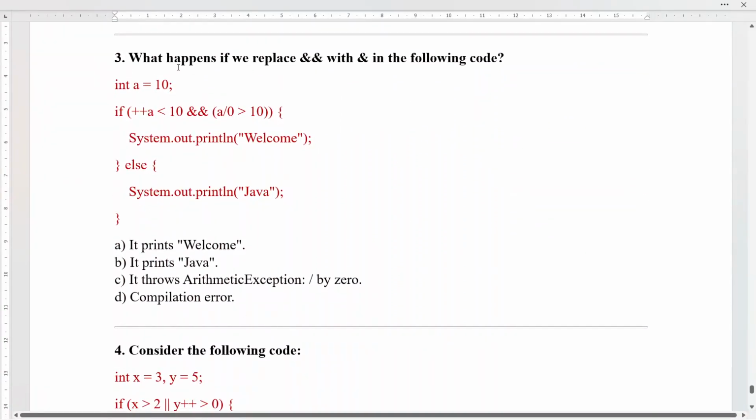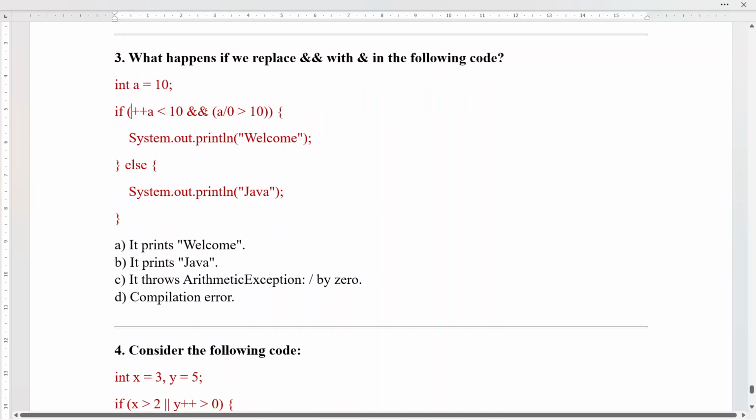Third question. What happens if we replace short circuit AND with bitwise AND in the following code? int a is equal to 10. Pre-increment a becomes 11. 11 less than 10 is false. So in case of short circuit AND, the second argument is not being executed because the first argument returns false.